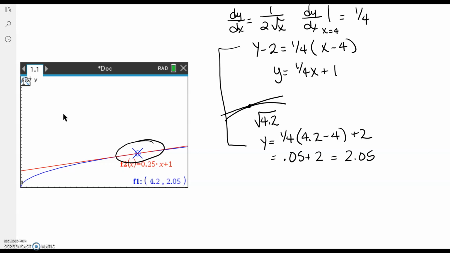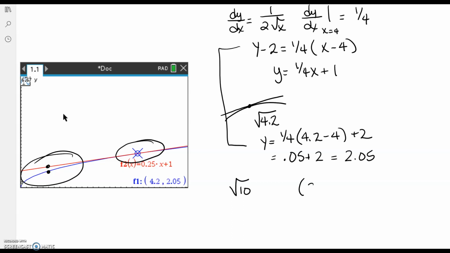Now, this only works for points that are close to the point of tangency. I mean, you can see here that using a point on the curve and a point on the line, those y-coordinates would be pretty far off. So the key is to get as close as possible. If I wanted to approximate the square root of 10, I wouldn't use the point of tangency of (4, 2).